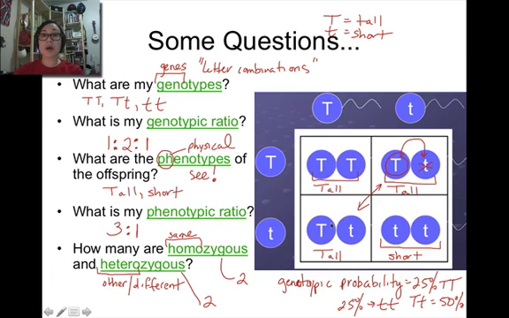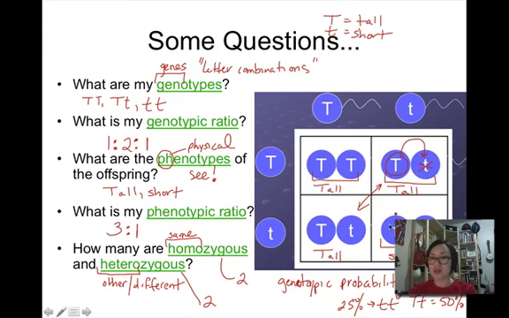So if you treat your Punnett square like $1, 25 cents, 50 cents, 75 cents, $1, it's really easy to figure out the ratios.